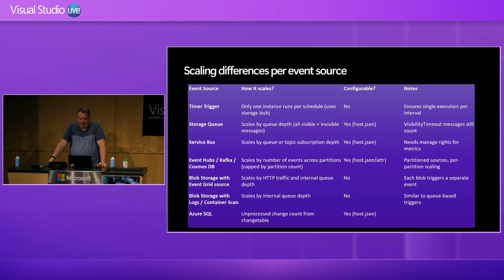For storage queue, what we look at is the depth of the queue. One caveat here is that if you set the invisibility timeout or visibility timeout on the messages, there's nothing in the storage queue SDK that tells you whether they're active or they're invisible. So the platform looks at both visible and invisible.